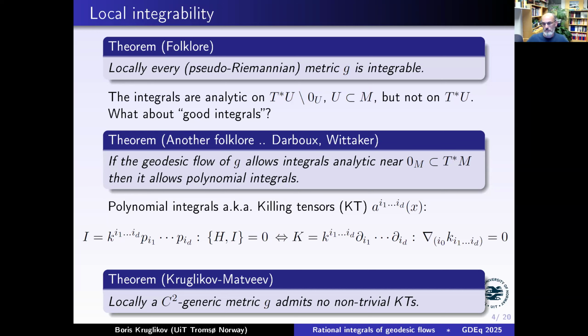For generic entries there will be no compatibility, and after imposing compatibility we get a completely inconsistent system. However, in doing this one has to differentiate a lot. First of all, it's difficult to control. Second, it's almost impossible in practice to fulfill, and it will need higher regularity. Here it's just C2. So it's a different argument here, and I will reuse this argument later.